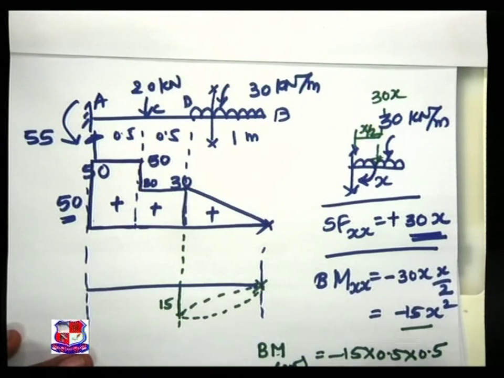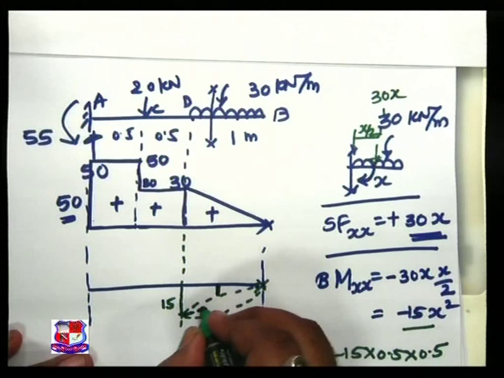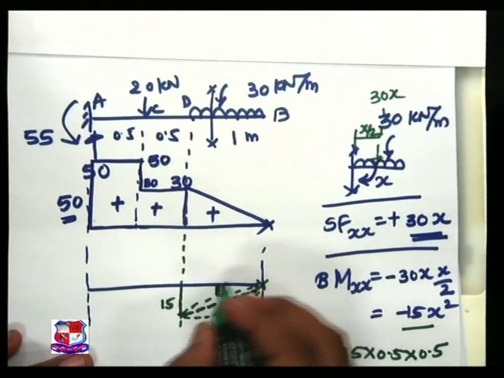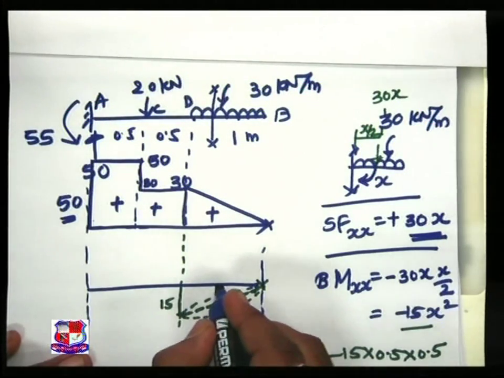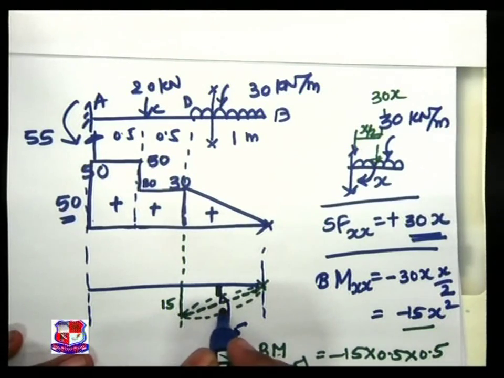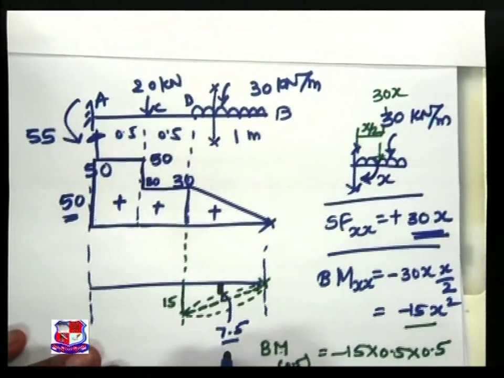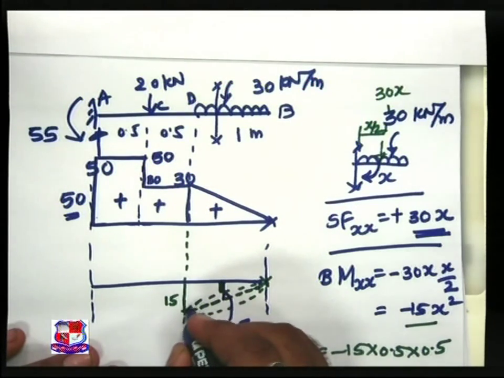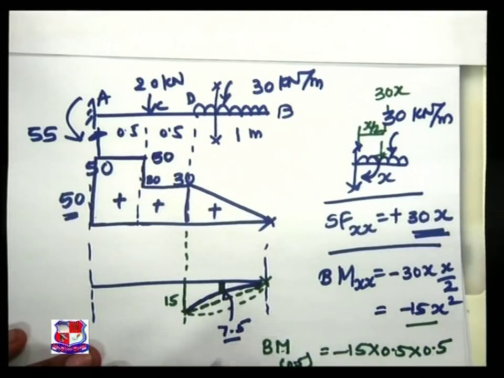If I take a straight line relationship, then this central ordinate is of 7.5, half of that. But this value is once again less than 7.5, which means our actual diagram comes like this, a parabola like this.